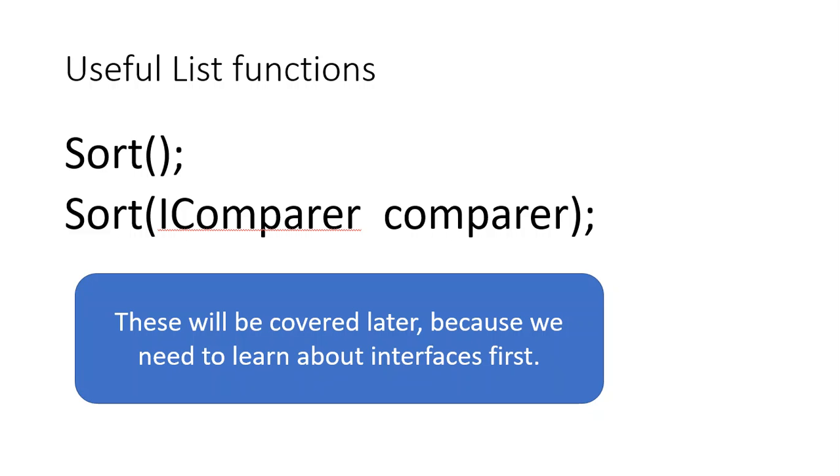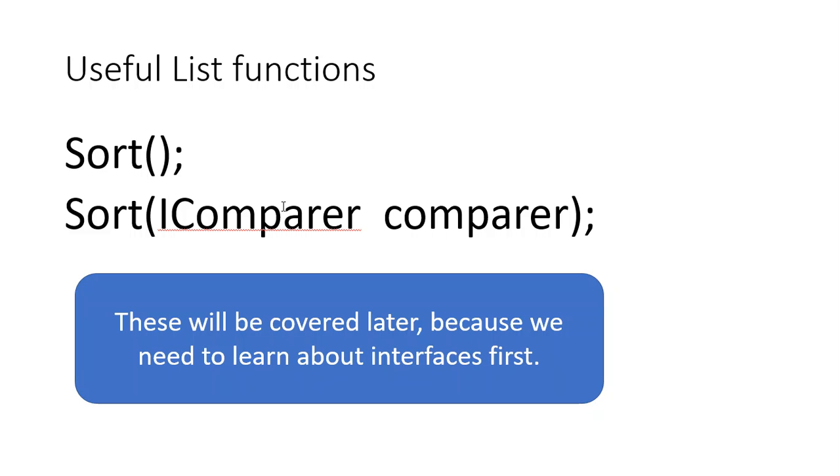And that is what this second version of the sort function is doing here. This sort function without a parameter will sort the elements using their internal sort function. And this second sort function will sort the objects using a class that you provide that will do the comparison based on a particular field or calculation that is defined by you.